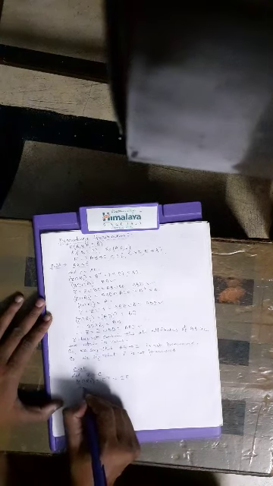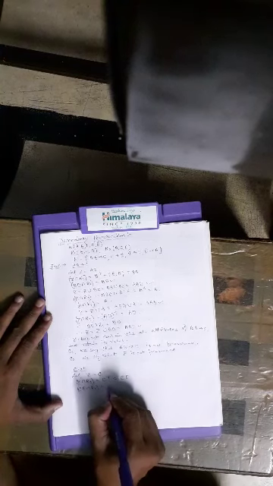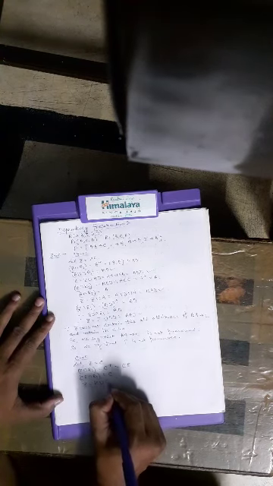Again CE intersection R1 gives C, and Z is equal to Z union C, so Z will be C.